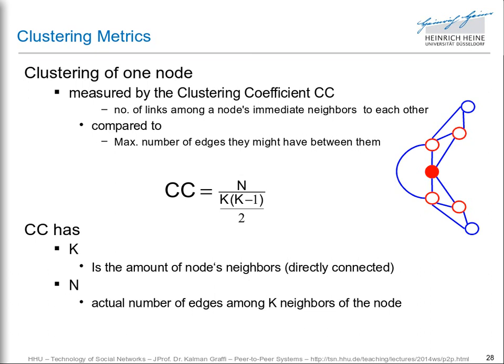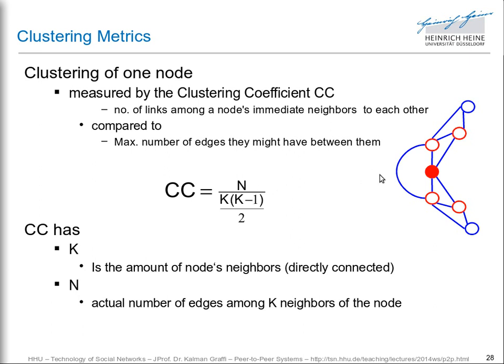Okay, the clustering coefficient of one node. So how do we measure this? This is the clustering coefficient, and it is calculated from the actual number of edges among the k neighbors of a node.